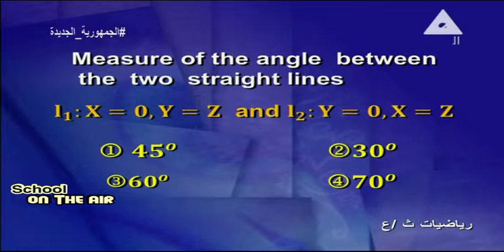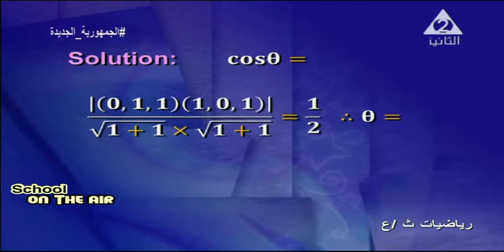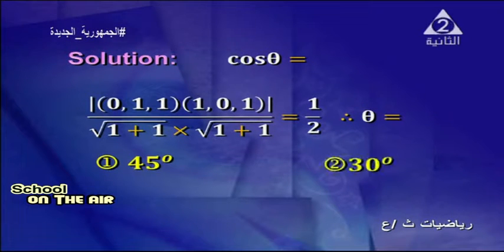Look at, my dear student, we have cosine theta equals the absolute value of d1 dot d2 over the norm of d1 times the norm of d2. By using substitution, cosine theta equals half. What is the measure of theta? Shift cosine of 1 over 2 equals 60 degrees. Then the correct answer we choose is 60 degrees.